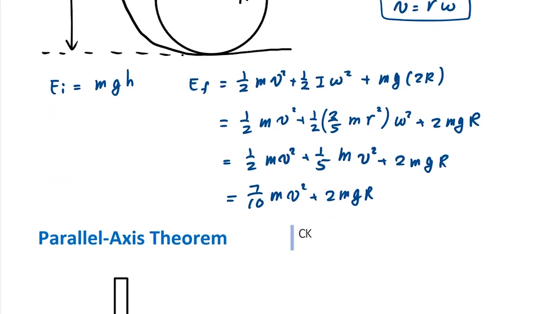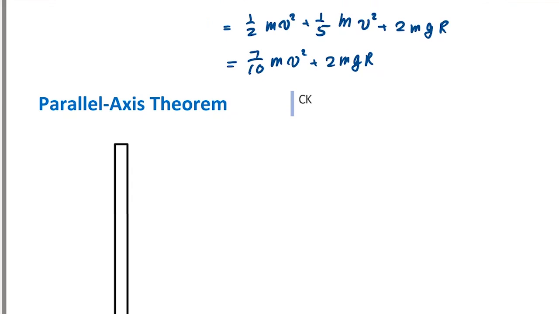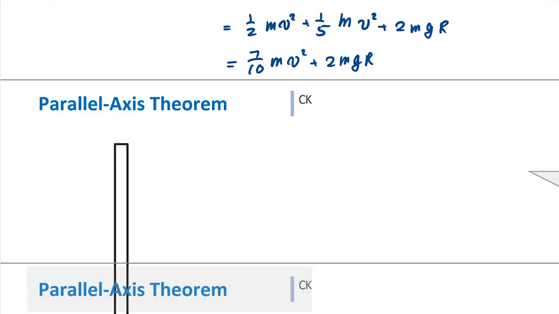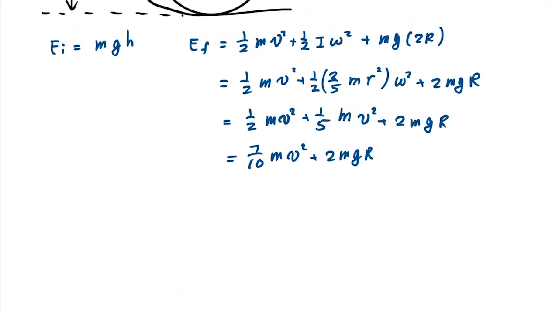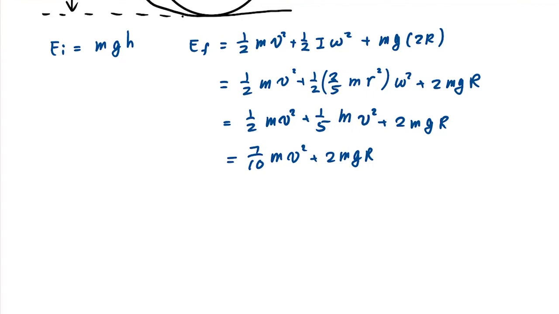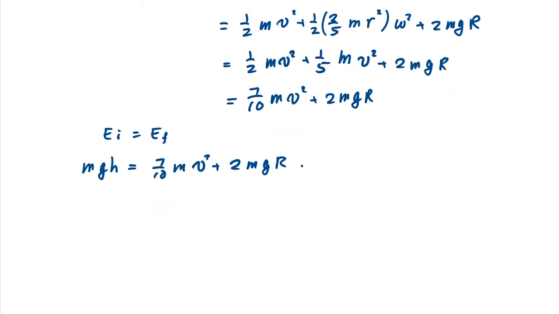Now we equate the two. I guess we'll not get to parallel axis theorem, or we could if you want to. Okay, so if we equate E initial to E final, what we have is mgh on the left-hand side, 7/10 mv squared plus 2mgr. Good? Do you see m's cancel out? So it's still independent of mass.